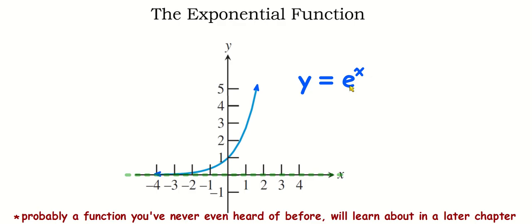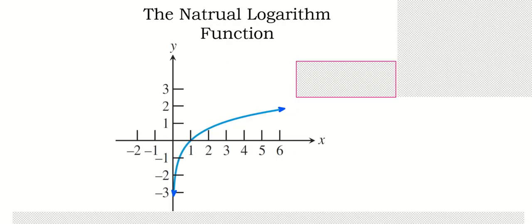So e is just some irrational number. If that makes you feel any better, we're still inputting 1 for x, 2 for x, 3 for x, and so on.